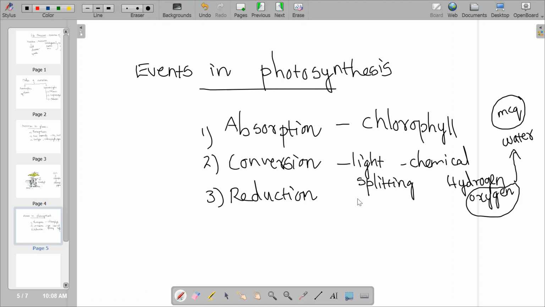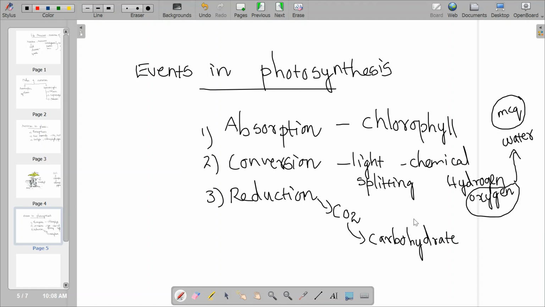Okay, so the third step is reduction of carbon dioxide. We learned that one of the raw materials is carbon dioxide, which plants take up. This carbon dioxide is converted into carbohydrate. So, reduction of carbon dioxide into carbohydrates.